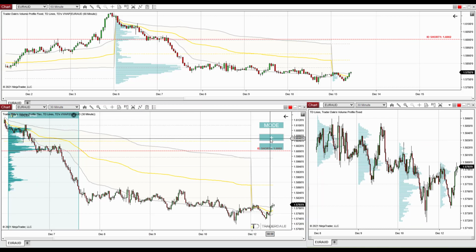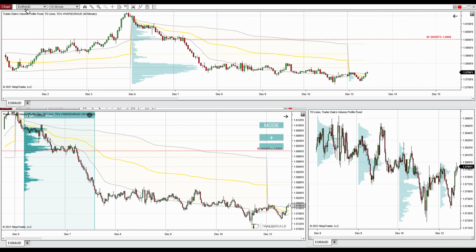Now let's go and have a look at the trading ideas. The first one is on the euro Australian dollar, and let me start by looking at this 60-minute chart because I want to talk about the shape of the volume profile in here. This is how volumes were distributed throughout the whole previous week. So that's this area, right?